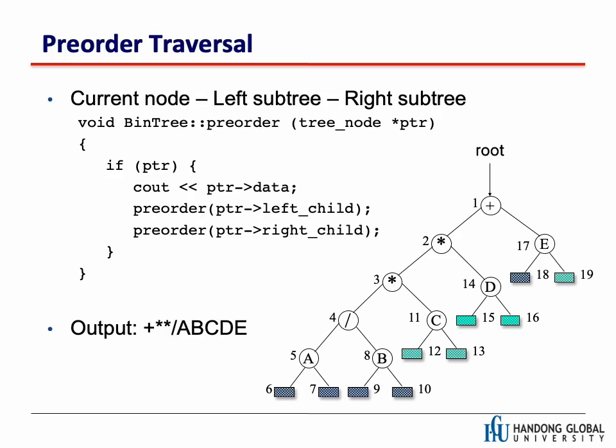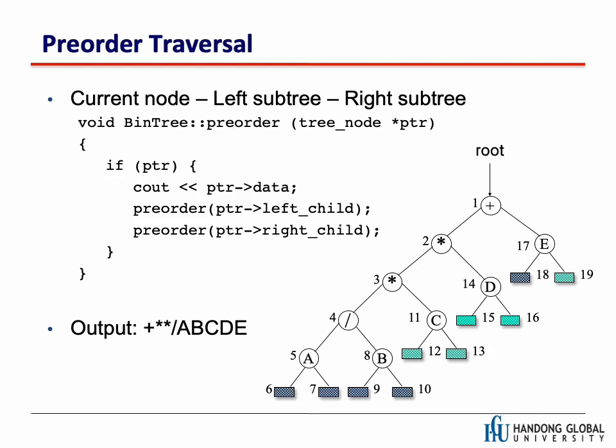The second one is pre-order traversal. We visit the current node first, then the left subtree and the right subtree. In this function we get one pointer as before, and we check if PTR is null or not.